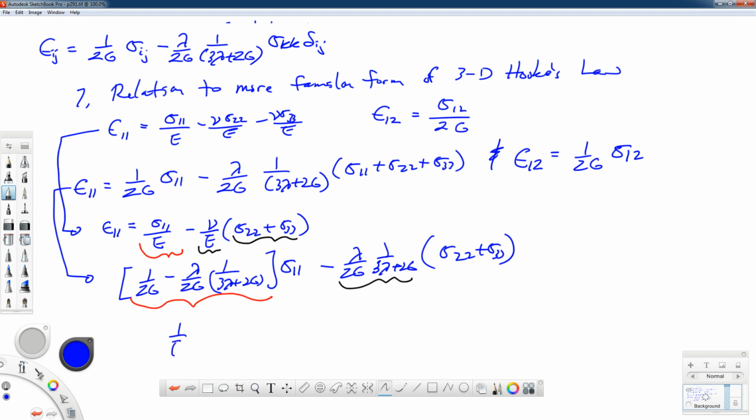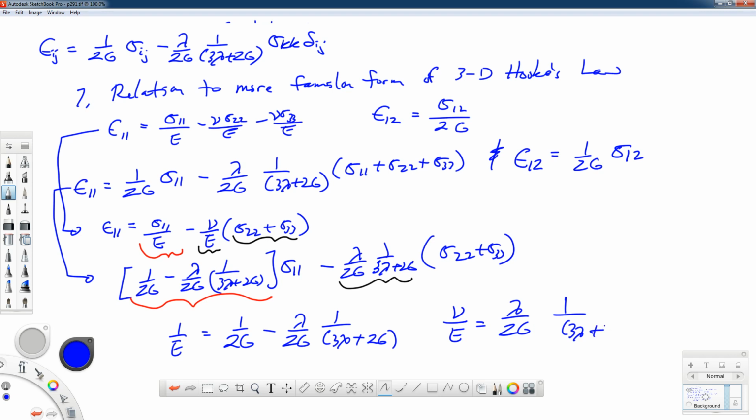So 1 over E is equal to 1 over 2G minus lambda over 2G times 1 over 3 lambda plus 2G, and nu over E is equal to lambda over 2G times 1 over 3 lambda plus 2G.